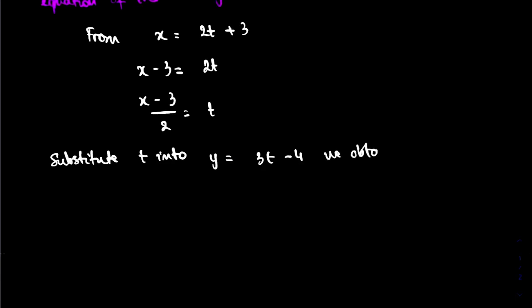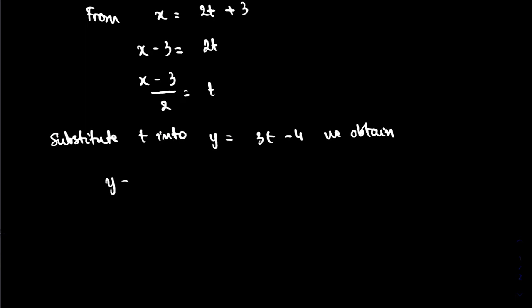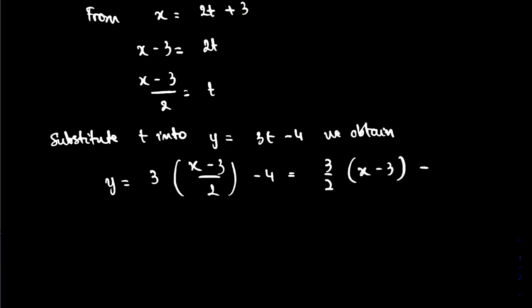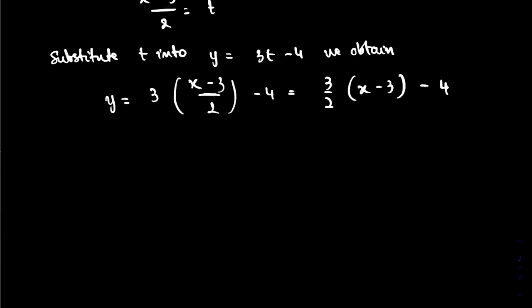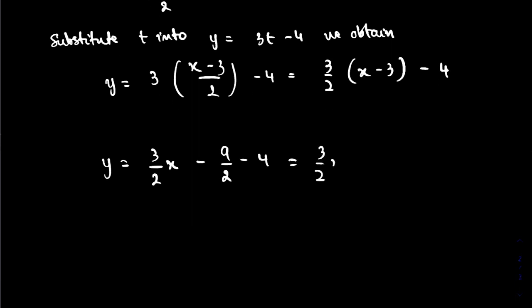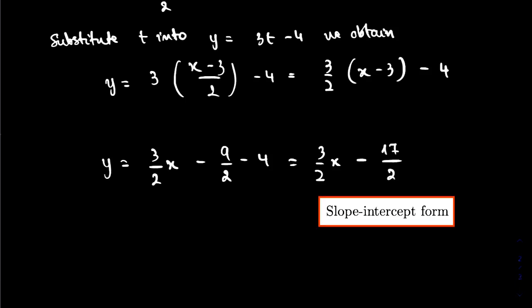We obtain y equal to 3 times (x minus 3) over 2 minus 4, or 3/2 times (x minus 3) minus 4. Then you can distribute 3/2 into the parentheses. You get y equal to 3/2 x minus 9/2 minus 4, or 3/2 x minus 17/2.